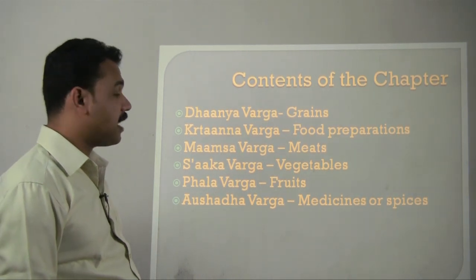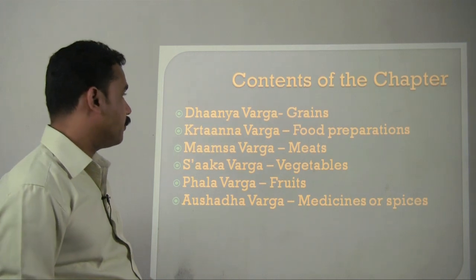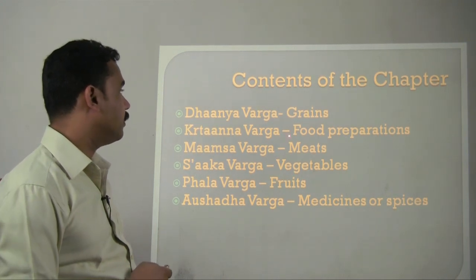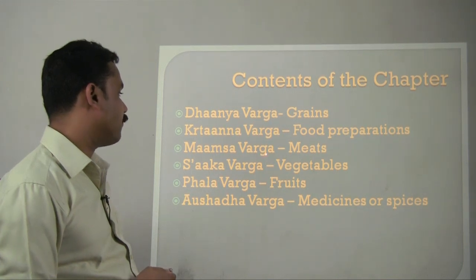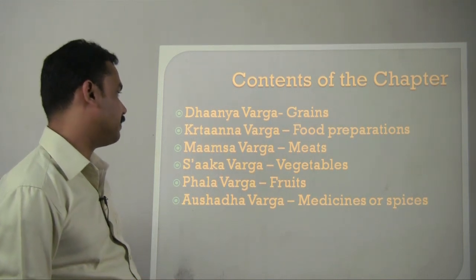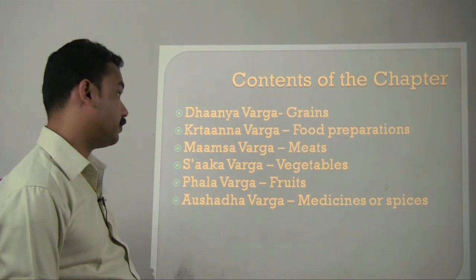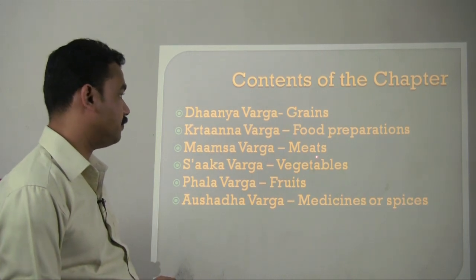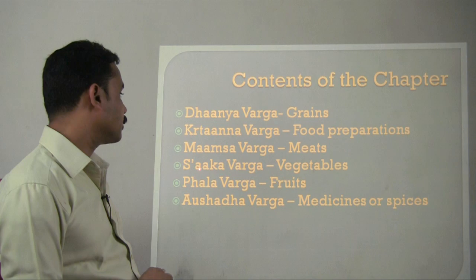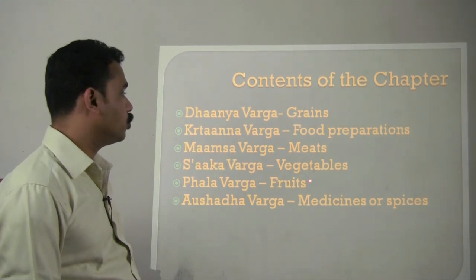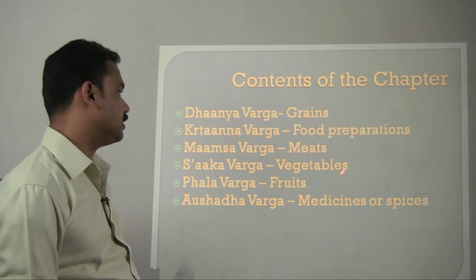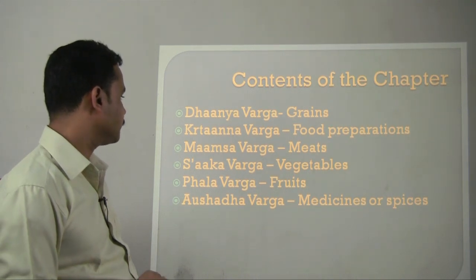Second is Krita Anna Varga, which are food preparations. Third is Mamsa Varga, which is about different kinds of meats. The fourth is Shaka Varga, the group of vegetables. They list a lot of vegetables in this section.